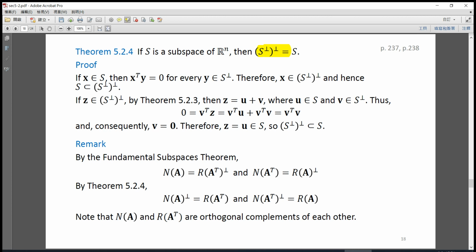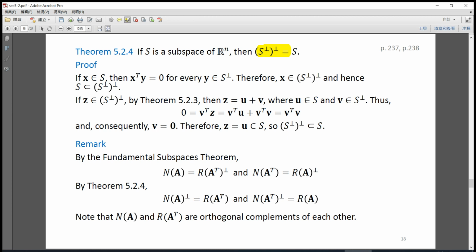Suppose S is the x-axis in R3, then the S perp will be the yz plane in R3, and the perp of the yz plane is the x-axis. Hence, the perp of S perp equals the x-axis.